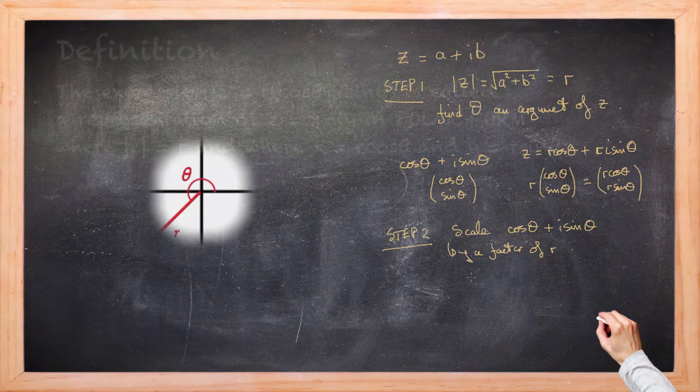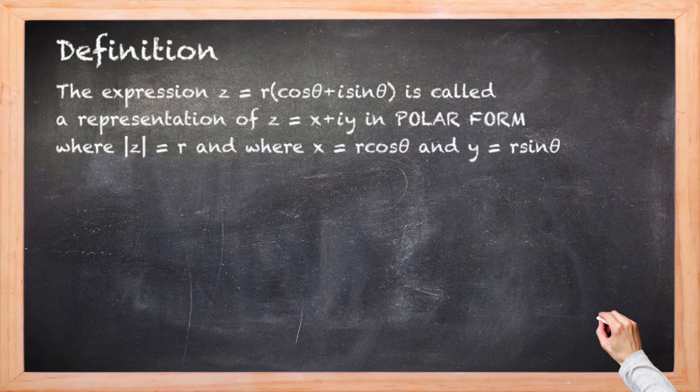So that leads us to the following definition. If we have a complex number x plus iy, we can write it in the form r times cos theta plus i sin theta, where r is the modulus of z and x is r cos theta and y is r sin theta.